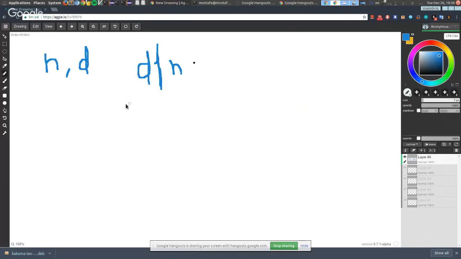So there's some integer k such that n is equal to d times k. This is how we define a number being divisible by another number.